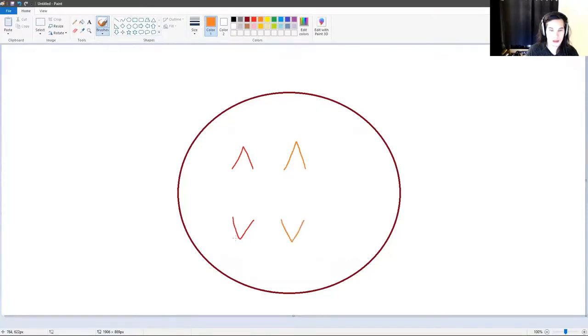So it'll be chromosome 1 from your dad. Yeah, we'll do with 4. And this is going to be your chromosome number 2 from mom. And this is going to be your chromosome 2 from dad.